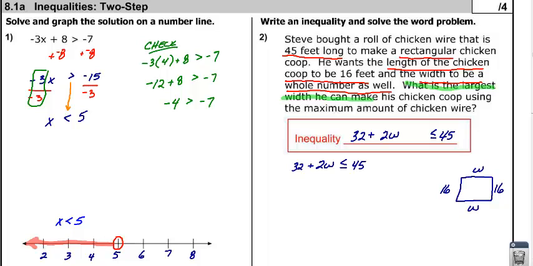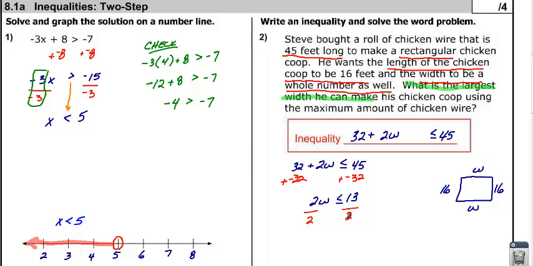Our first step is going to be cancel out the 32, cancel out the constant amount. So add negative 32 here. This negative 32 cancels out this 32, and we have 2w less than or equal to 45 plus negative 32, positive 13.